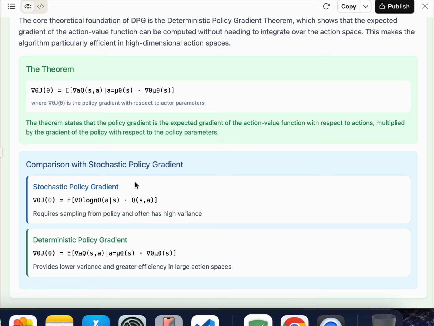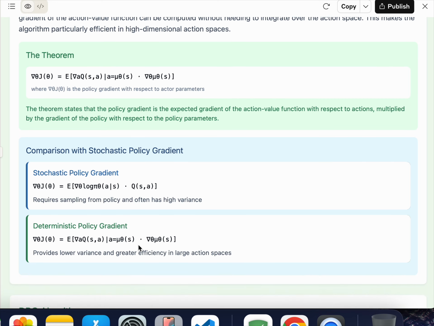And let's see how this compares to the stochastic policy gradient. In the stochastic case, the policy gradient looks different, and there, you can see, we are using the log probability of the policy multiplied by the Q value.